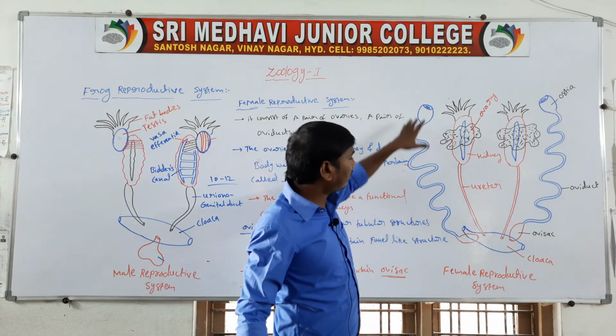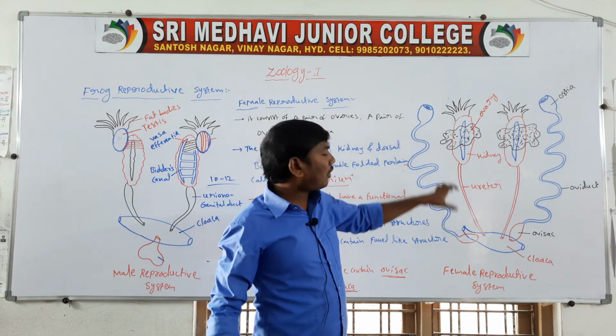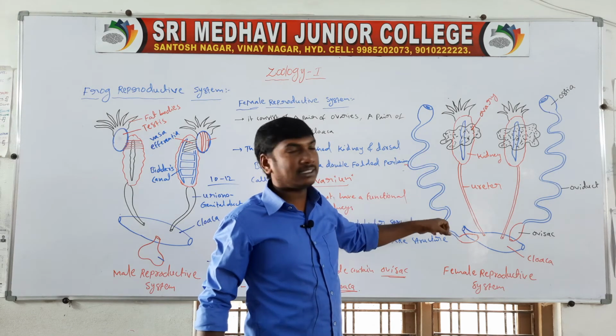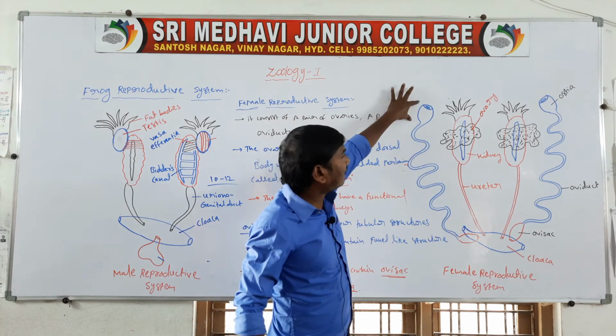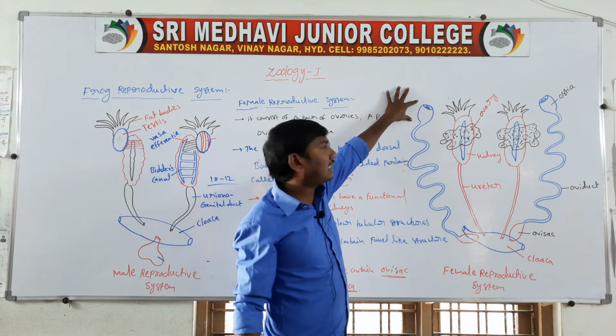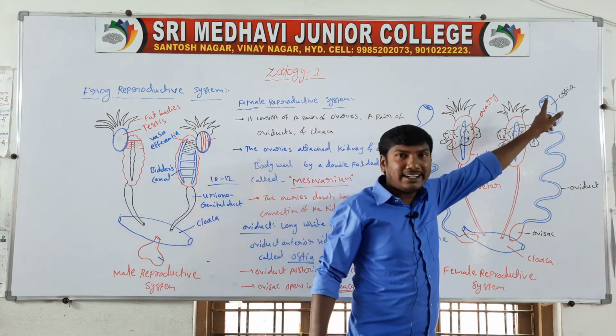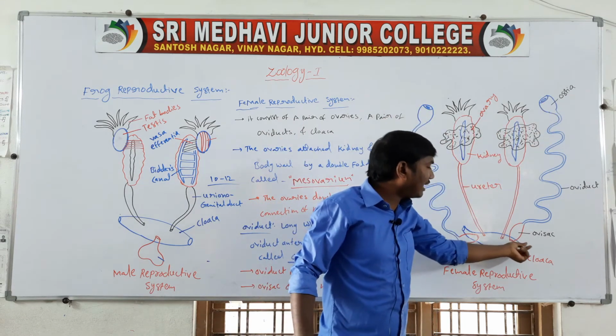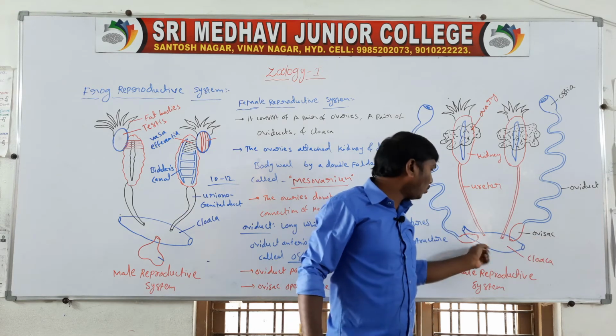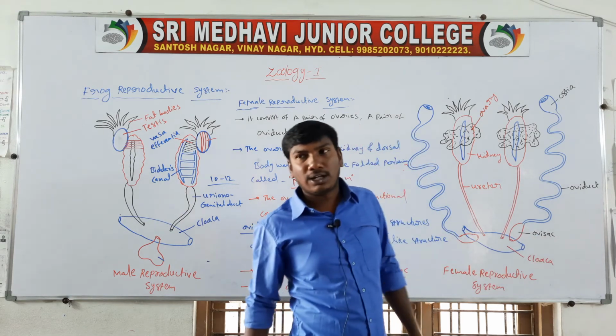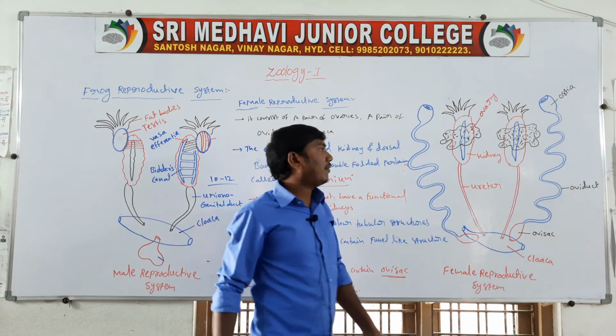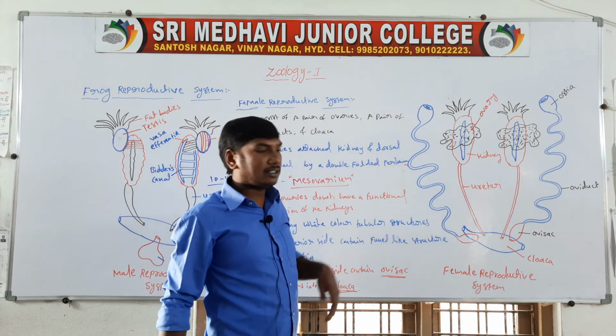The oviduct is a white color long tubular structure. The anterior side contains a cup like, funnel like structure called the ostia. The posterior side contains ovisacs, and these two ovisacs open into the cloaca. So these are the female reproductive system.